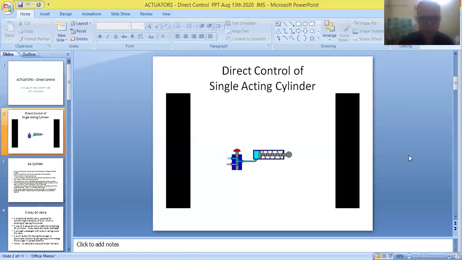That means one end of the spring is fitted to the right hand side of the piston, and the other end of the spring is fitted to the right end of the cylinder.